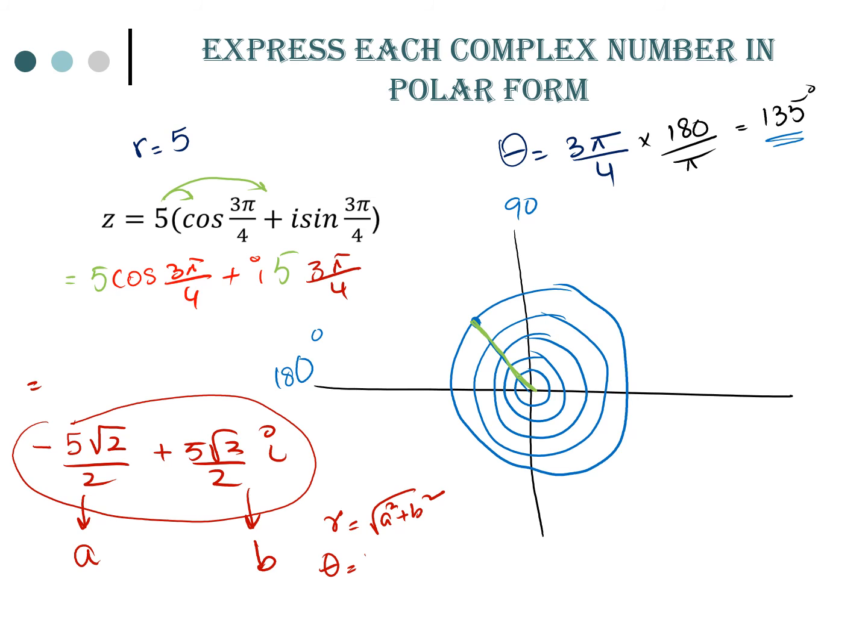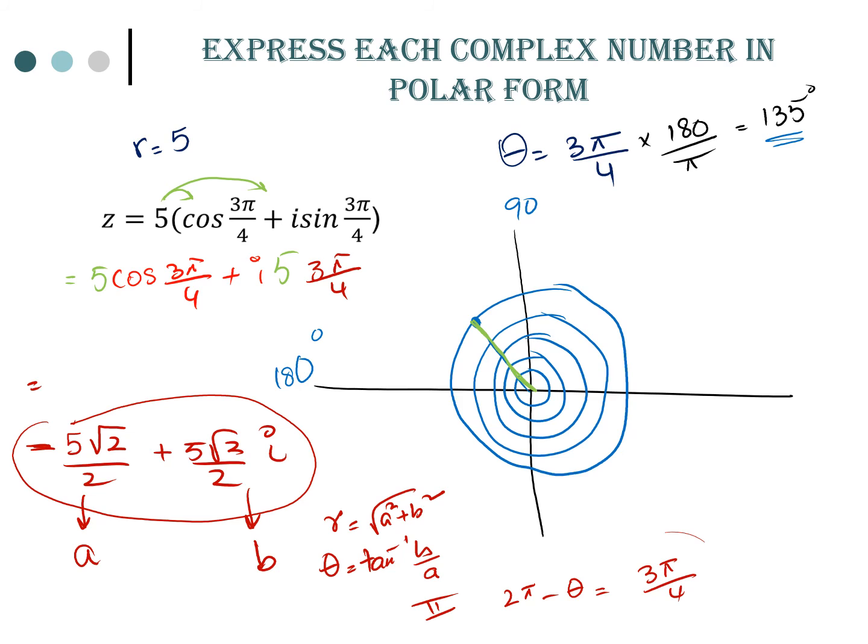Find the theta by using the formula tan inverse B over A. Check in which quadrant your complex number is. You can see that this is in the second quadrant, and if it is in the second quadrant, after finding tan inverse B over A, we have to apply 2 pi minus theta, and you will see that you will get the theta as 3 pi over 4.